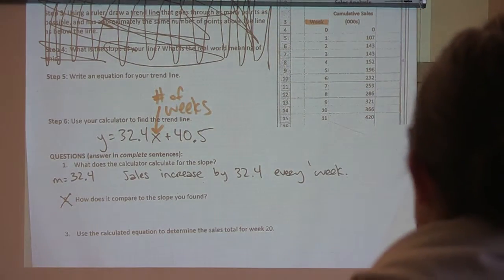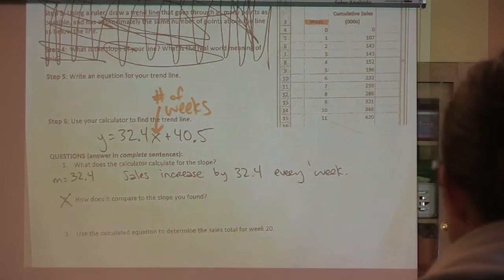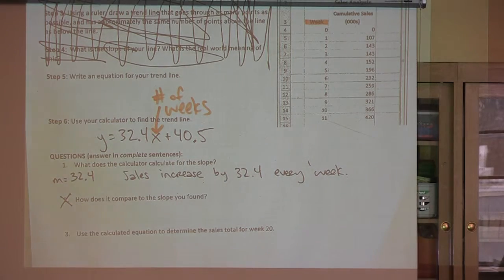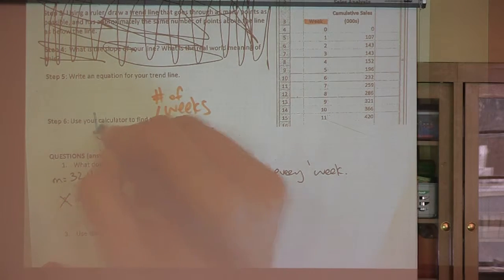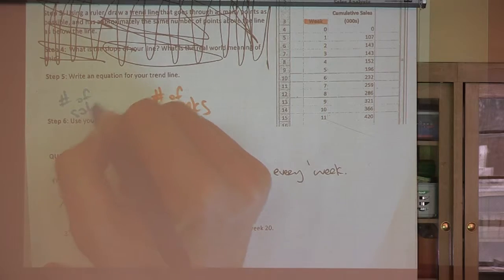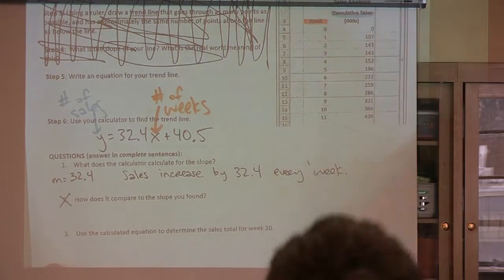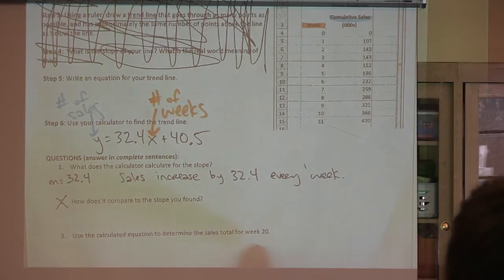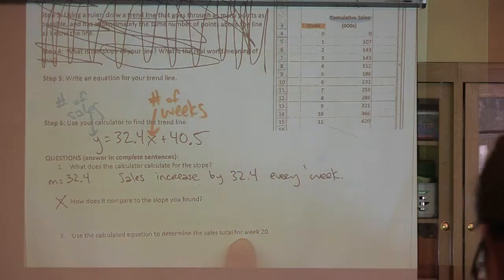X is your number of weeks. So then what is Y? Number of sales. Or over here it says cumulative sales, but you know. Okay. So if on number 3 I'm asking how many sales will you make in week 20?